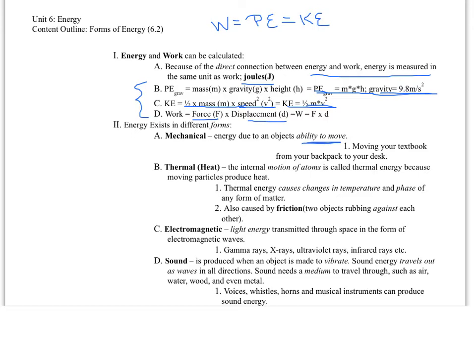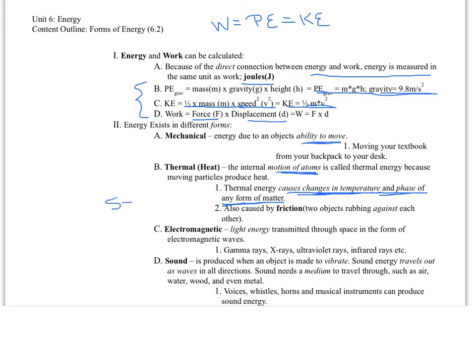Thermal energy has to do with the motion of atoms themselves, their vibration. Thermal energy changes with temperature changes and changing the phase of any form of matter. So thermal energy causes changes in temperature and causes then changes in phase.